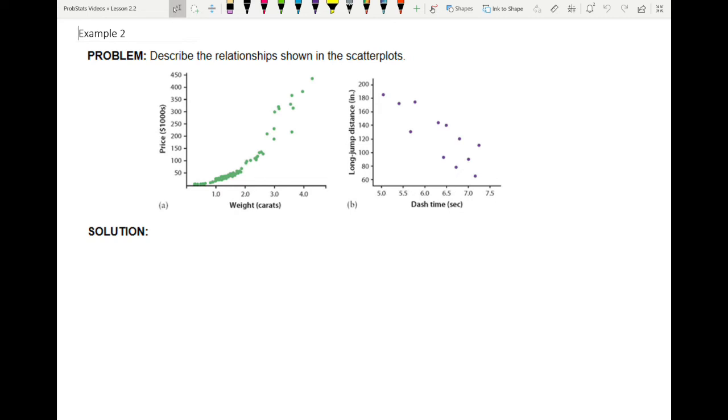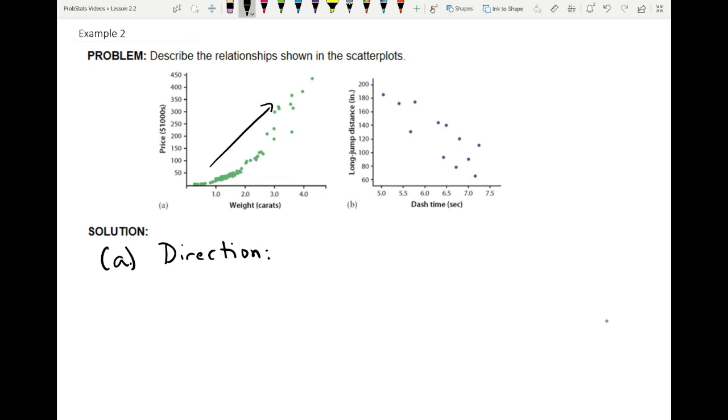So let's talk about the first part. Part A, price versus weight in carats. Let's talk about the direction. In this case, there seems to be some kind of positive association. As one increases, the other one increases.